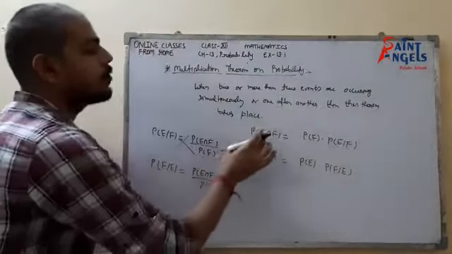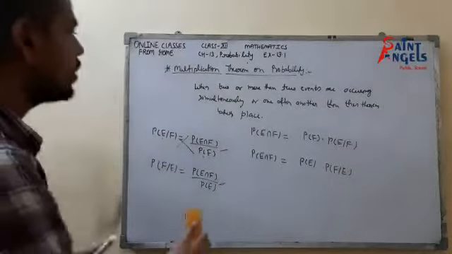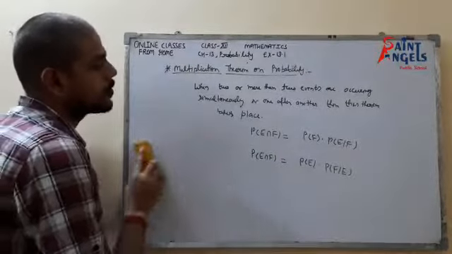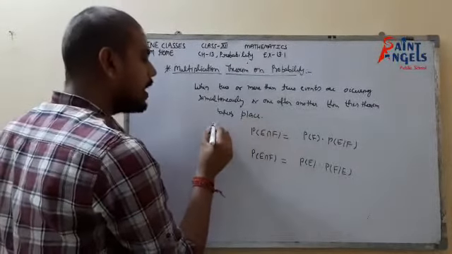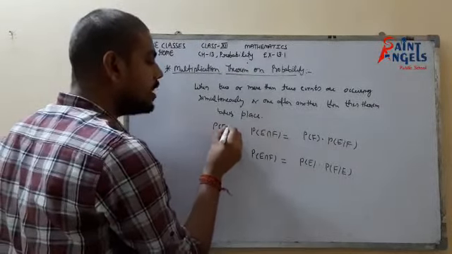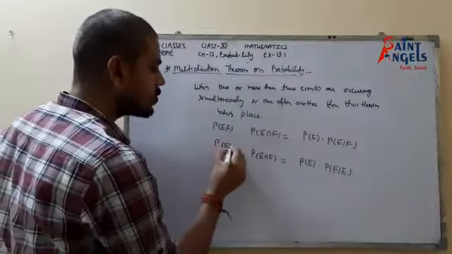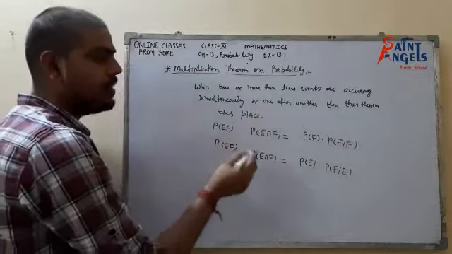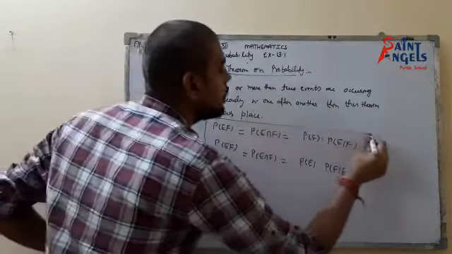This particular formula is known as the multiplication theorem on probability. So instead of saying P(E intersection F), I can call it P(EF), that events E and F are happening together. Whether I say P(EF) or P(E intersection F), it is the same thing. So this is the multiplication theorem.